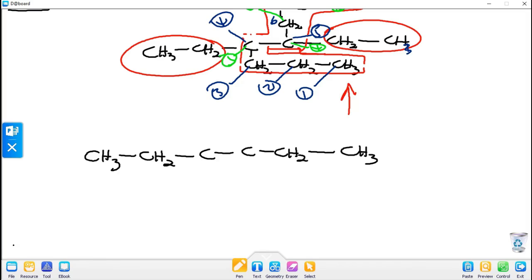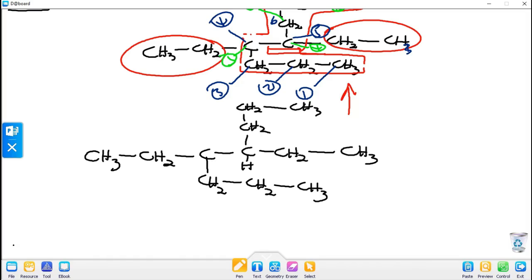So here we have CH2, CH2, CH3. And here we have CH2. We further have another CH2. And then we have CH3. There you go. And of course we have H. So this is how our structure looks.